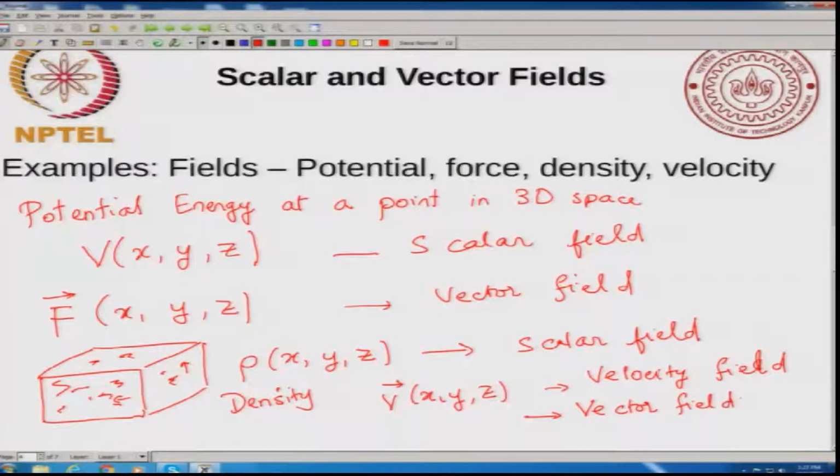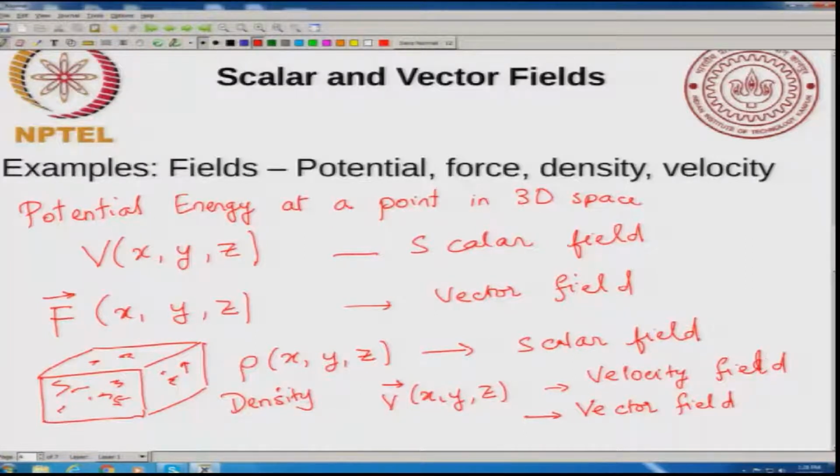So I just wanted to show you some examples of scalar and vector fields that you will encounter in various courses. One is the potential energy, which is a scalar field, or just the electrical potential. Then you could have a force at any point. So that could be a vector field. Similarly, if you have a fluid, then you can think of the density of the fluid at any point as a scalar field.